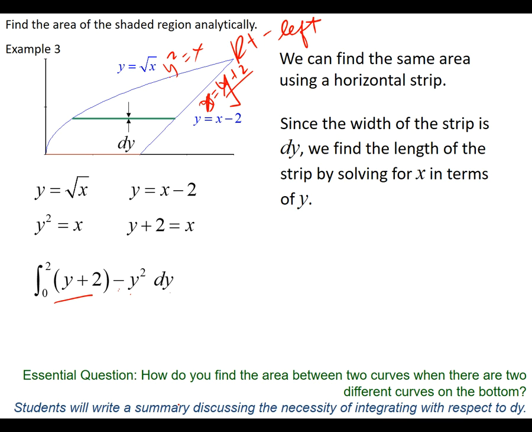So that's why we put a dy. Remember, it's technically a rectangle, that little strip, right? This piece here is the length of the strip, whereas this piece here is the width of the strip, which is what we've always been doing.